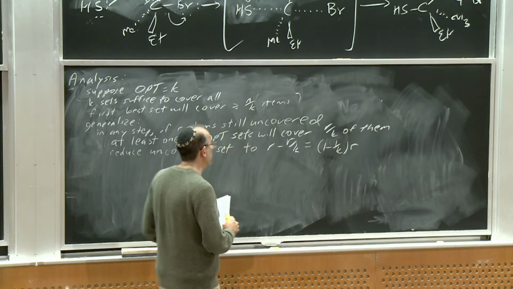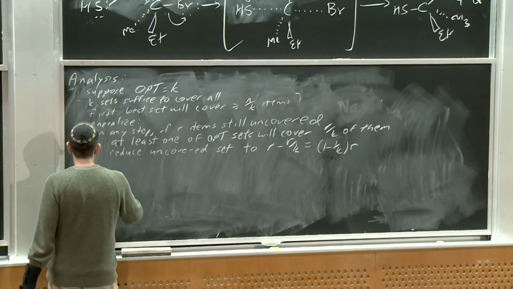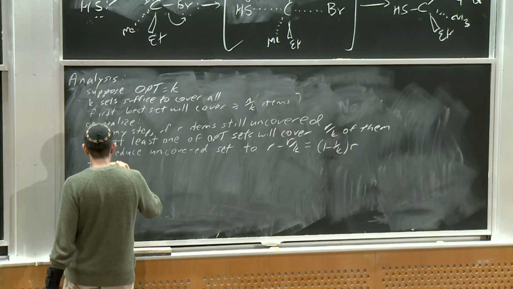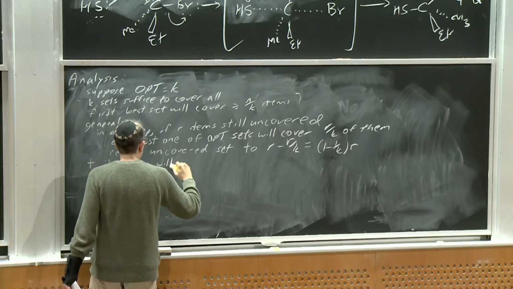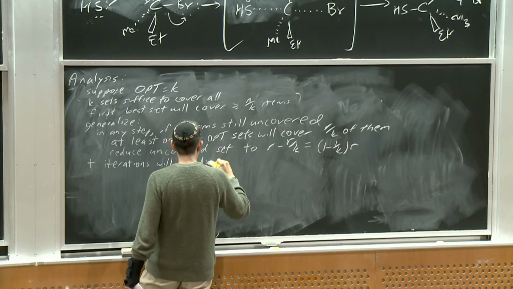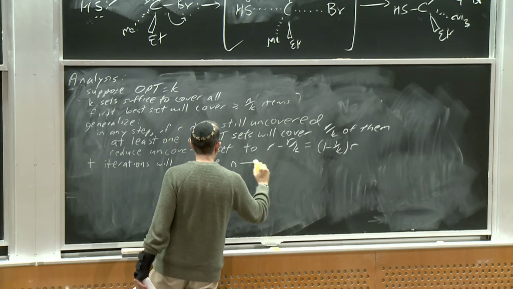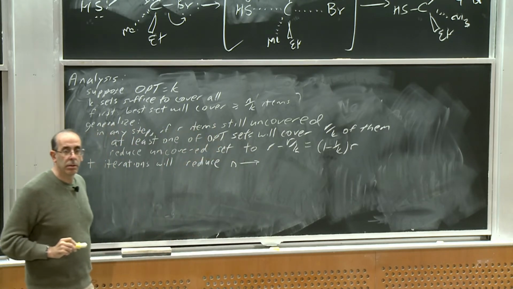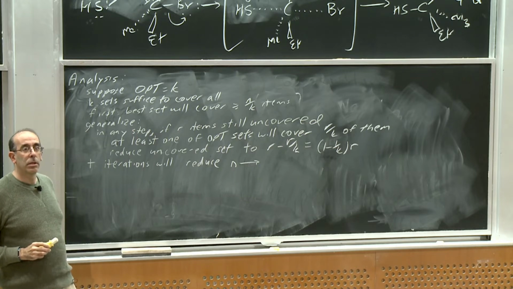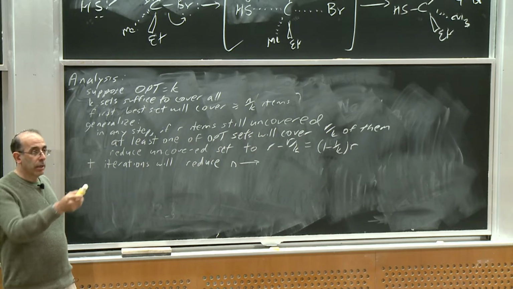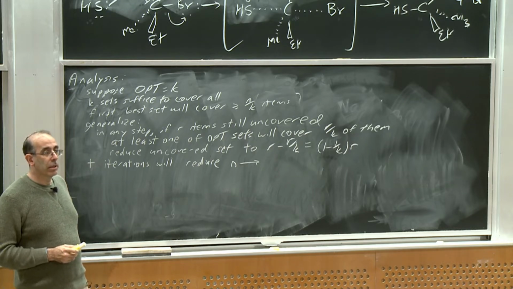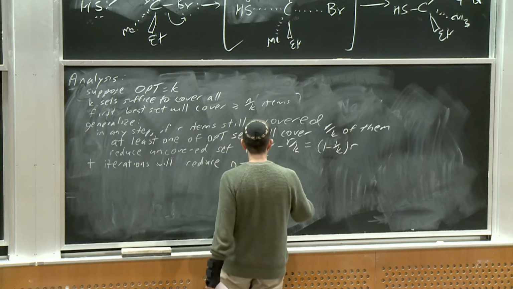Yes? So if I run T iterations, they're going to reduce the number of uncovered items n to how much? Exactly. It's going to geometrically decrease.